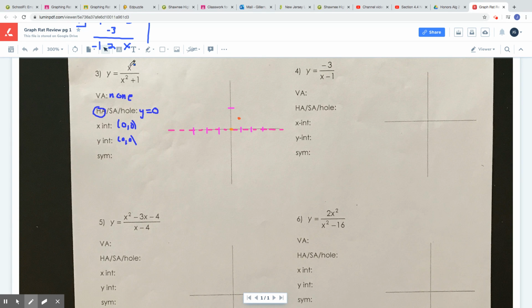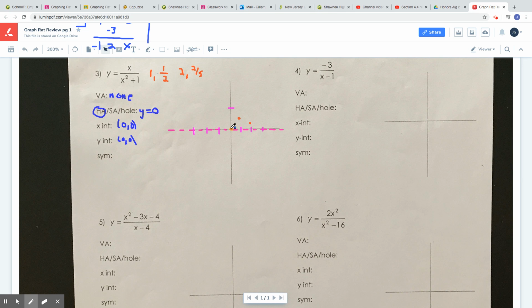If I plug in 2, I get 2 over 5. So I have 1 comma half and 2 comma 2/5. Well, 2/5 is 0.4 and 1/2 is 0.5, so this one's bigger. I'm already on my way down.